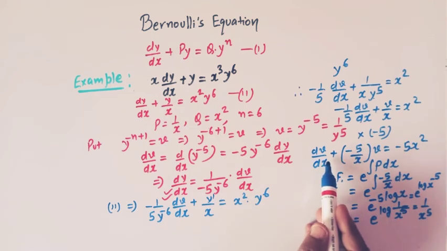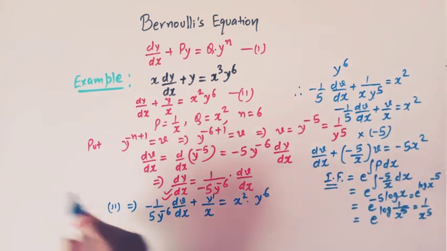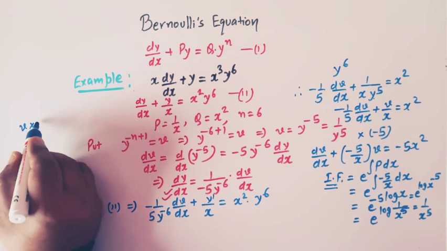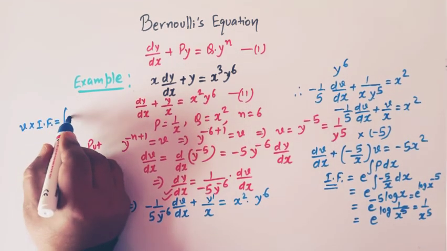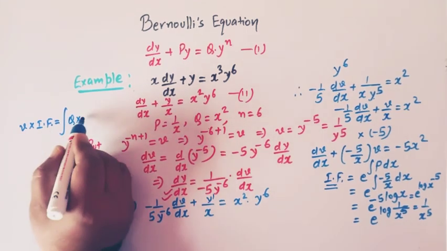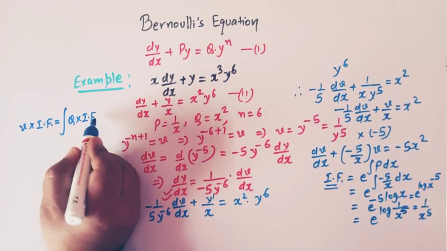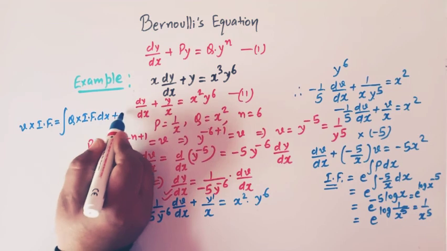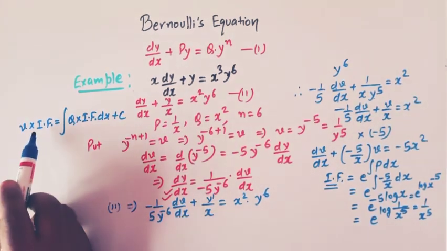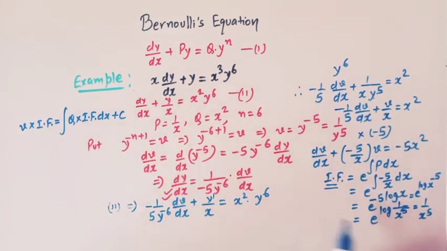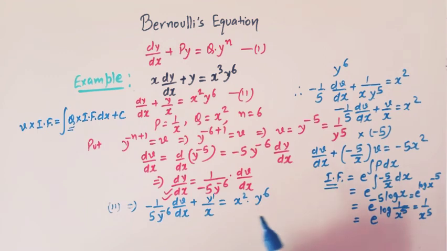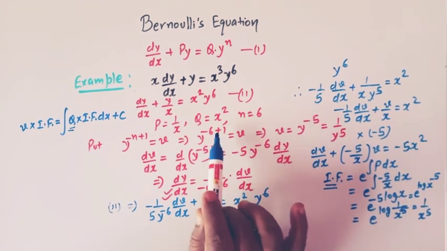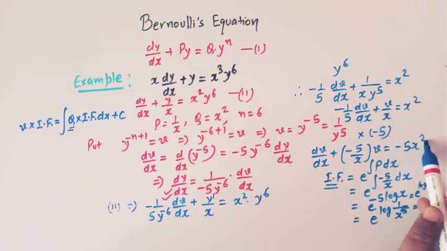Now the solution of this equation can be written as v times integrating factor is equal to integral q times integrating factor dx plus c. Now substituting the value of the integrating factor as 1 over x raised to 5 and the value of q, here we have minus 5x square.